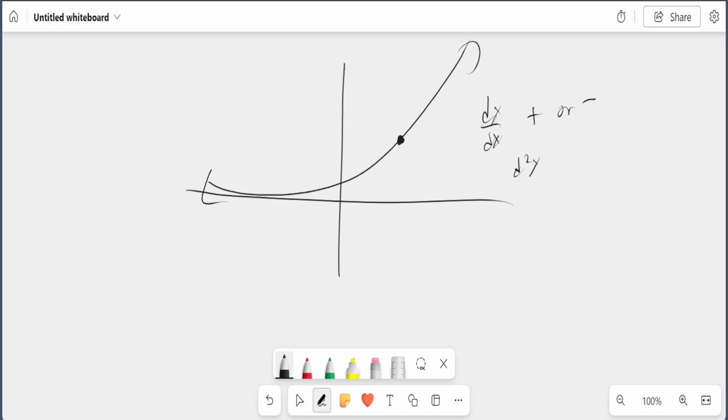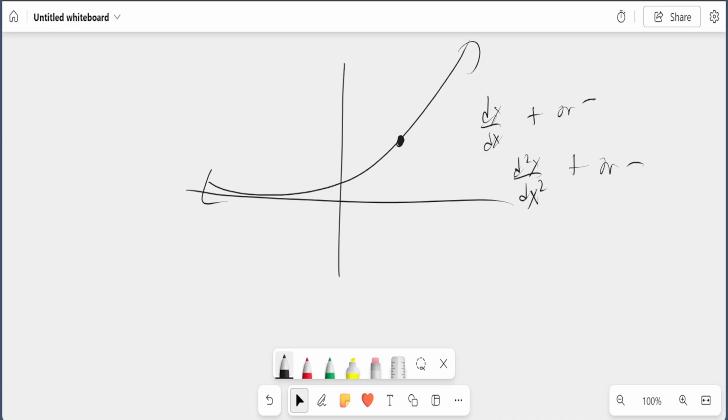And is our double derivative positive or negative at this point? Both of them would be positive.